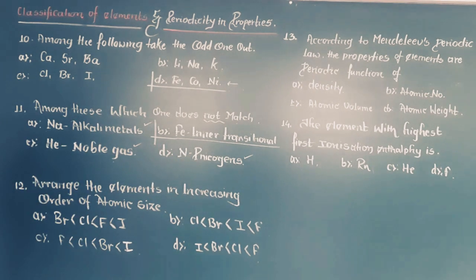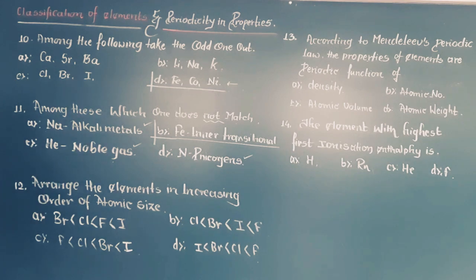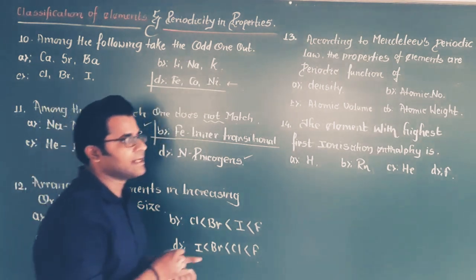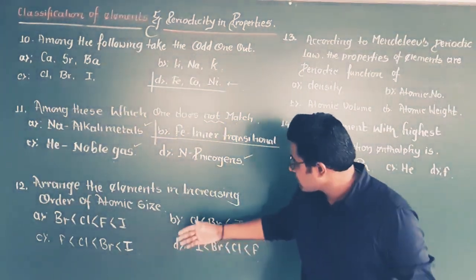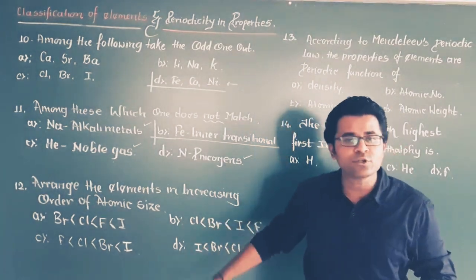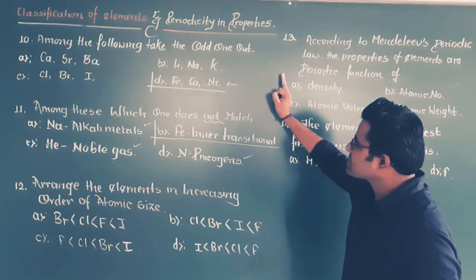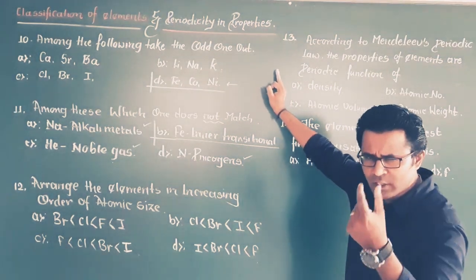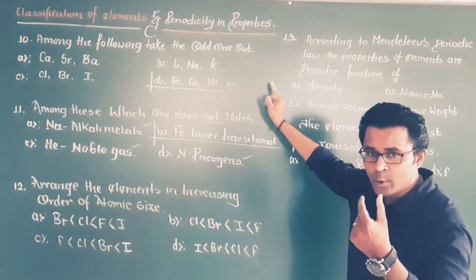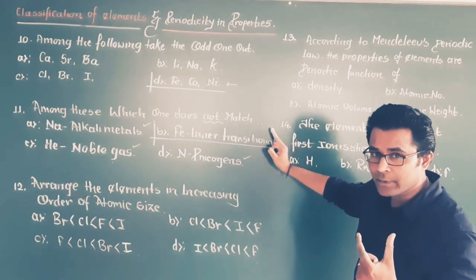Arrange these elements in increasing order of their atomic size. Atomic size, they are asking us about halogens. So, halogens. The halogens start with the first one, the smallest one, fluorine, chlorine, bromine, iodine.